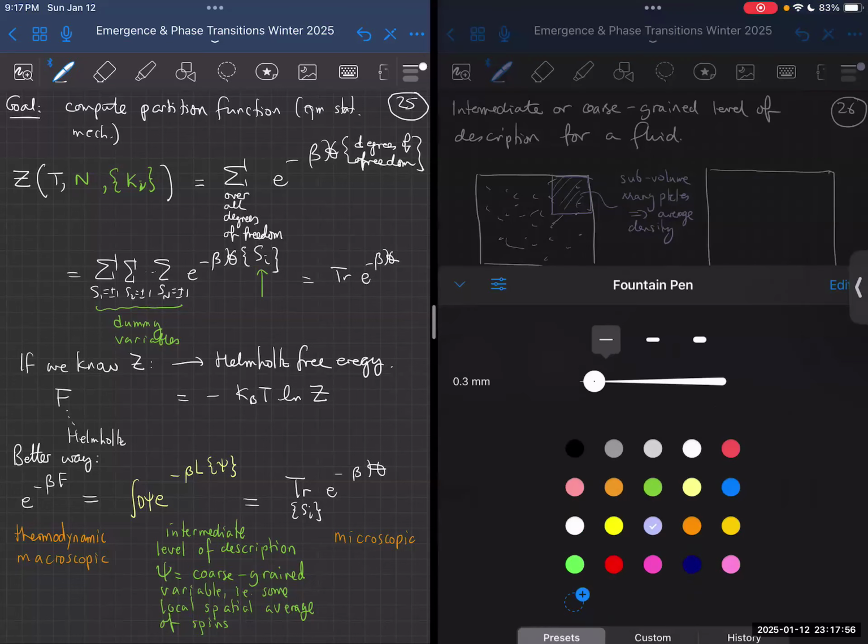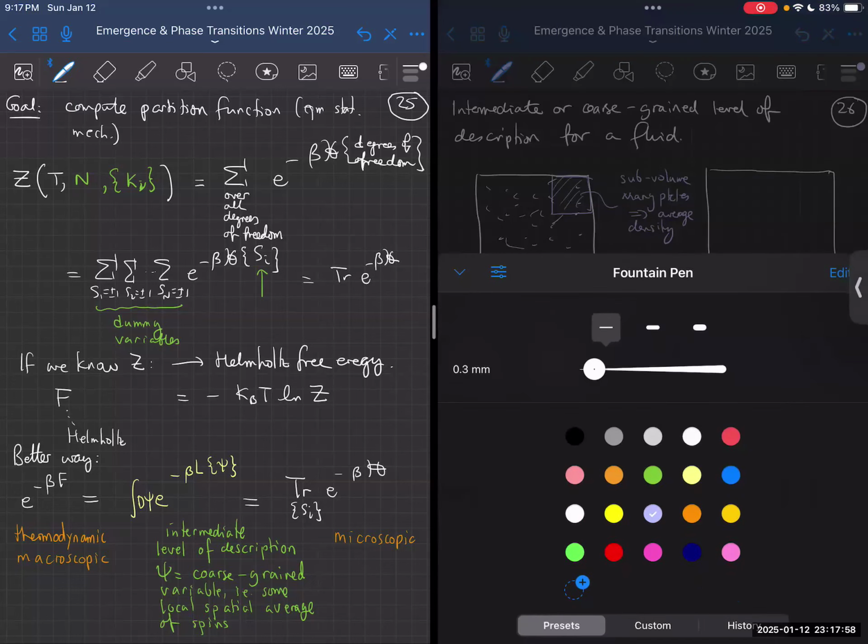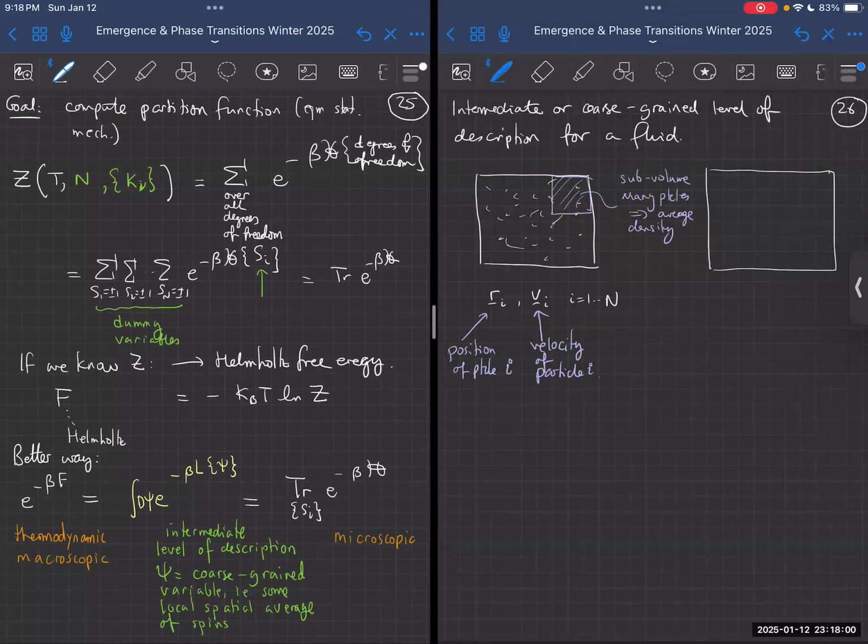And so then I have a picture of a fluid in terms of its density, like so, perhaps something like that. Of course, I can't draw it very well.